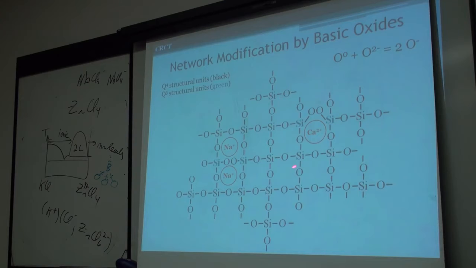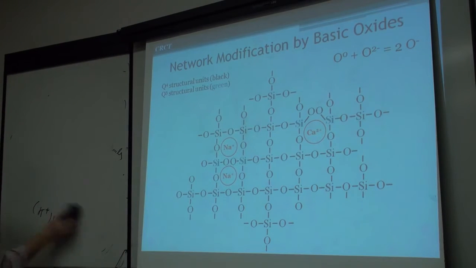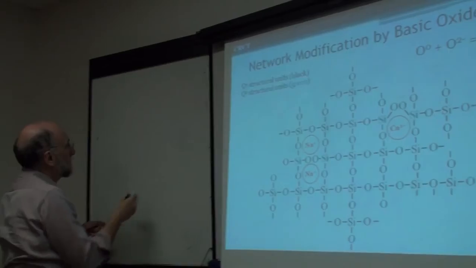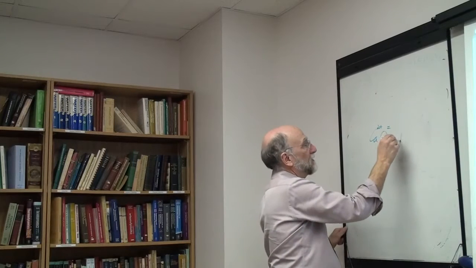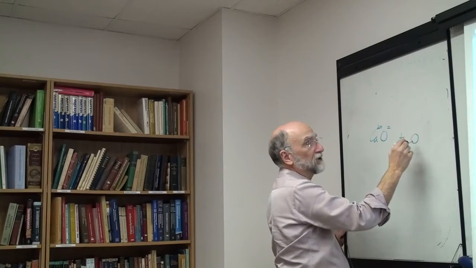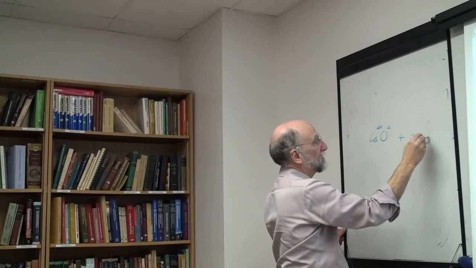So what happens is the reaction is basically your calcium oxide contains oxygen ions. This reacts with your silicon bridge. So here we have a silicon, oxygen, silicon.